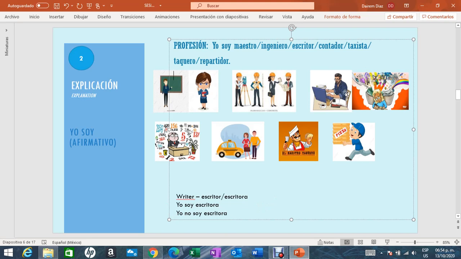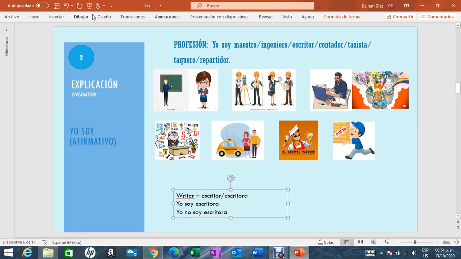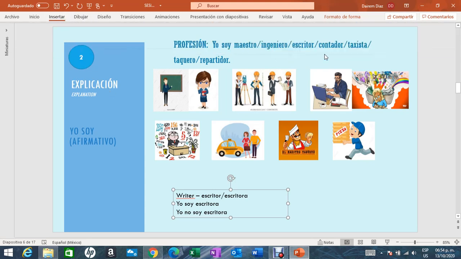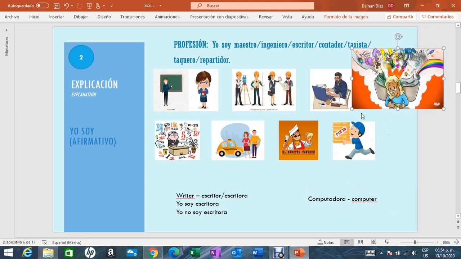Here we have an image of two writers working. The guy is working on his computer. So there is basic vocabulary that we need to check. Computadora, computer. And she's writing down in where is she writing down?